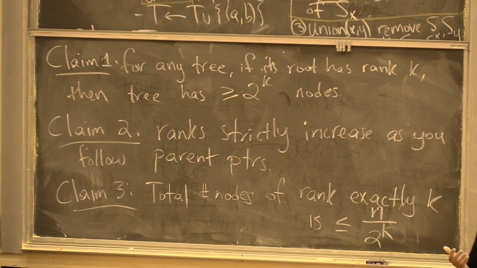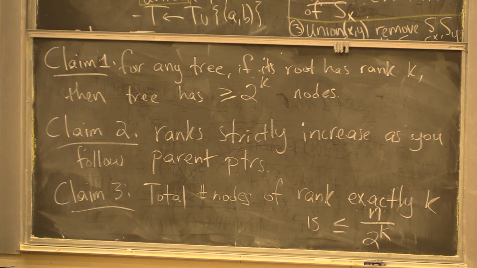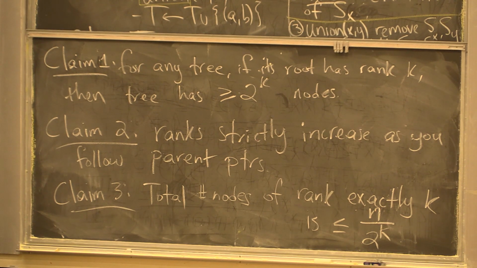And then any operation that happened after, like a find, for example, or any union that didn't change his rank, is not going to decrease his tree size. Find, if you have a root with a tree under it and you do a find somewhere in that tree, it doesn't change the size of the tree. If you do a union that doesn't change the rank, then the tree can only get bigger. So whatever his tree size is when he became rank k, his tree size will only stay that way or grow as long as he stays rank k.